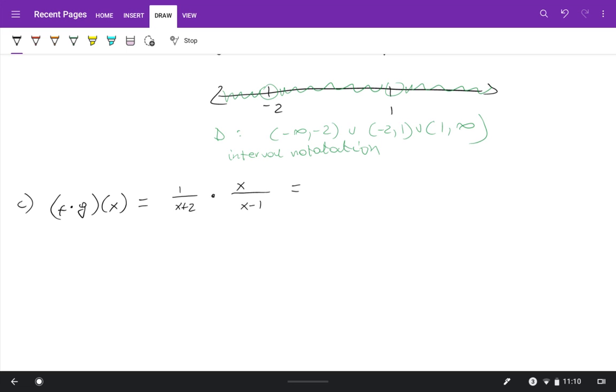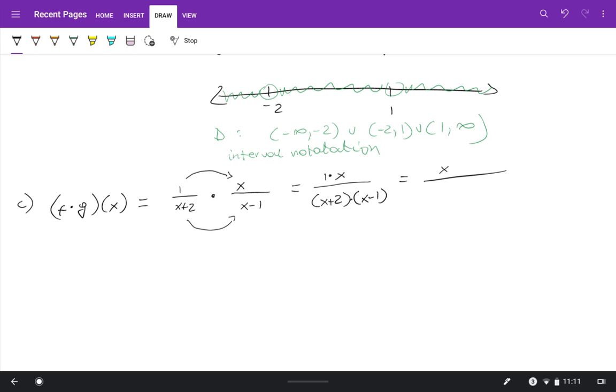Now you have a fraction multiplied by a fraction, so you multiply top with top and bottom with bottom. So that will give us 1 times x over x plus 2 times x minus 1. So 1 times x is x.